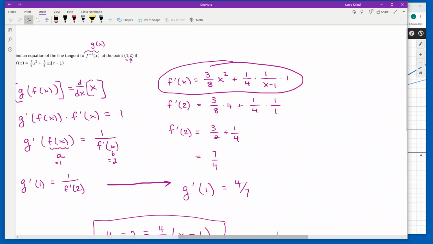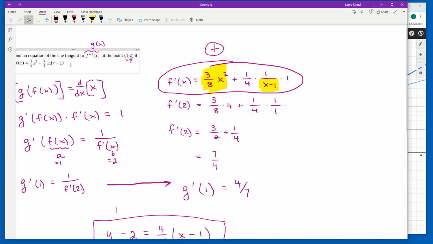Note that 3/8 x squared is always positive. Now x minus 1, the other place an x shows up, could be negative if x is smaller than 1, but in this case the domain of our given function was only numbers 1 or larger because we were taking the natural log of x minus 1.